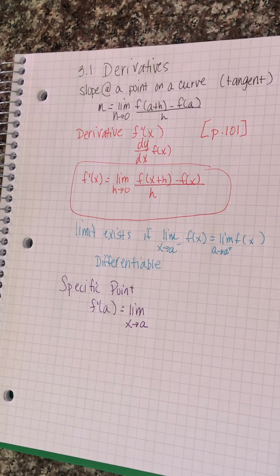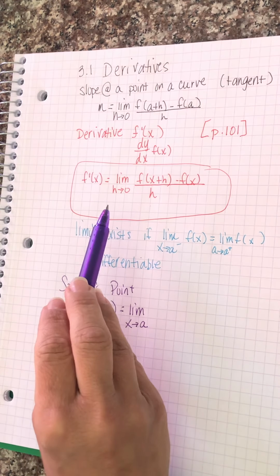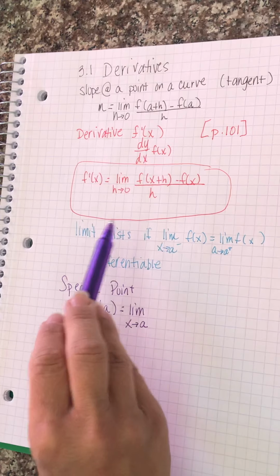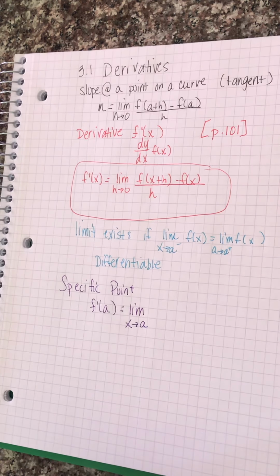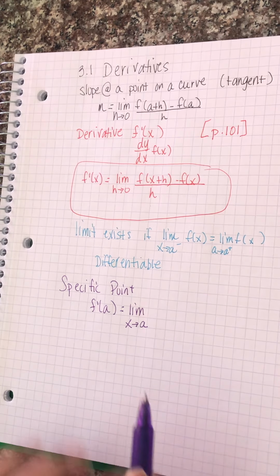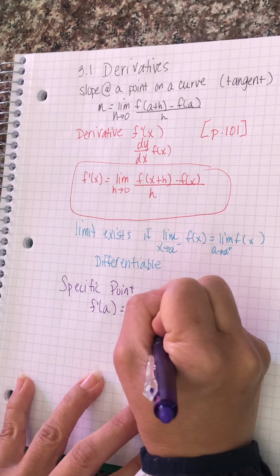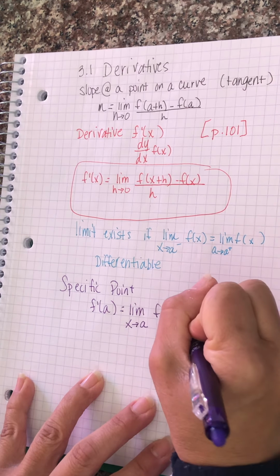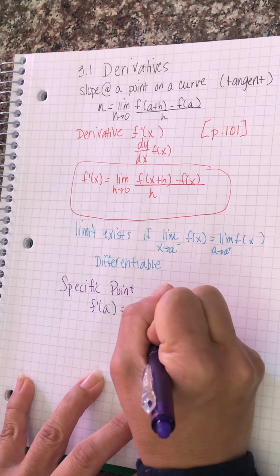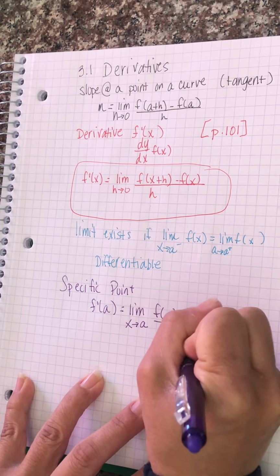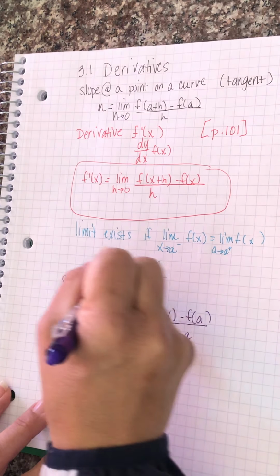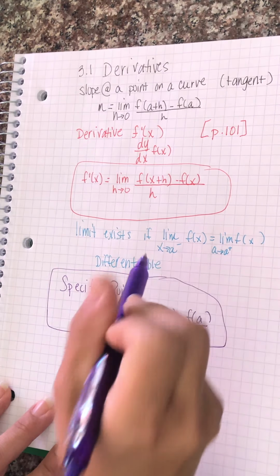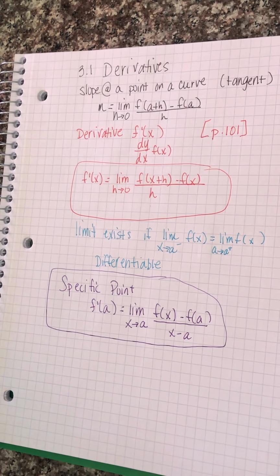So now we're talking about a specific point. In the general definition of a derivative, the slope of the tangent line, we're talking about generic h approaching 0. Now we're going to talk about a specific point a. And you are 100% for sure going to recognize that. So it's slope. It keeps saying over and over again, the slope of the tangent line. You have been doing this, I promise.